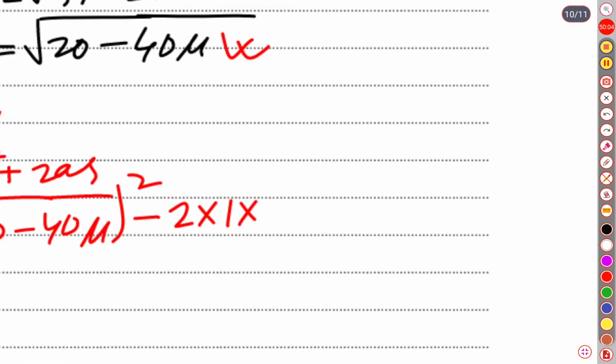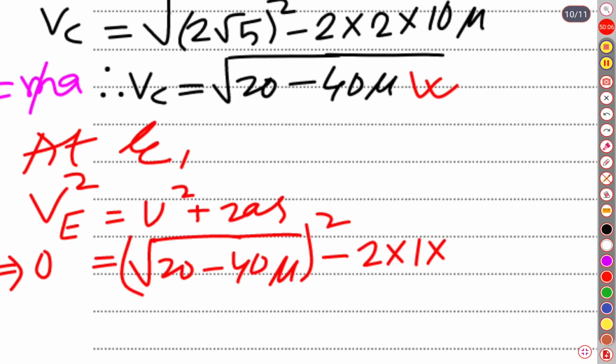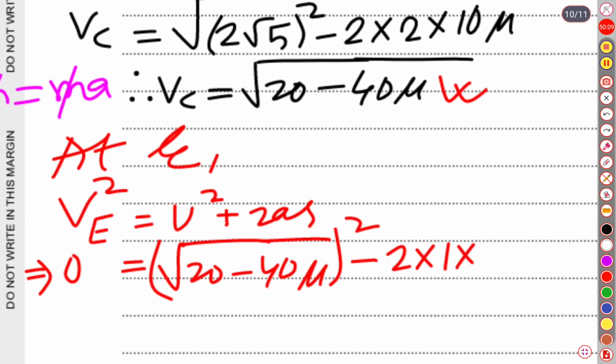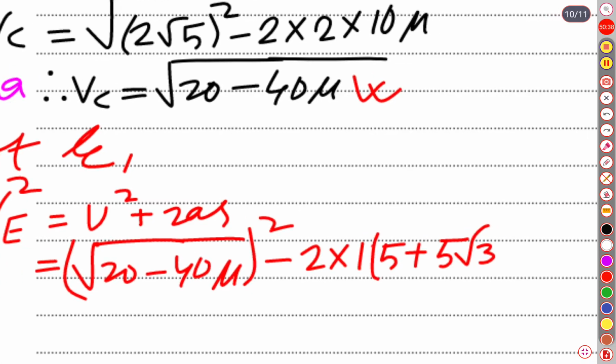So instead of a, we will write 5 plus 5 square root over 3, then mu.